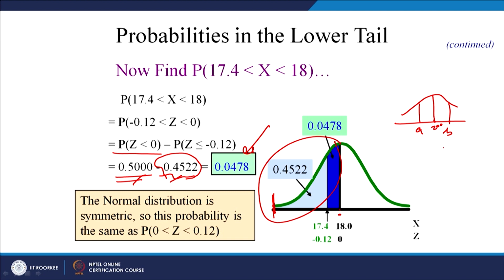You can also have a situation where z is equal to minus 1 and z is equal to minus 2. So, the area in this would be somewhere like this. With z equal to 0, z equal to minus 1, z equal to minus 2, this area you can calculate. Okay.